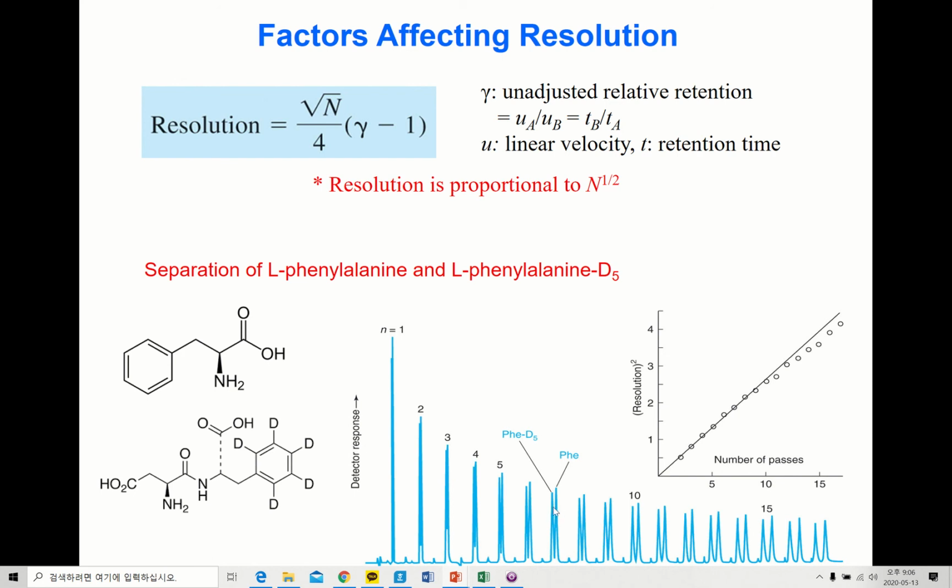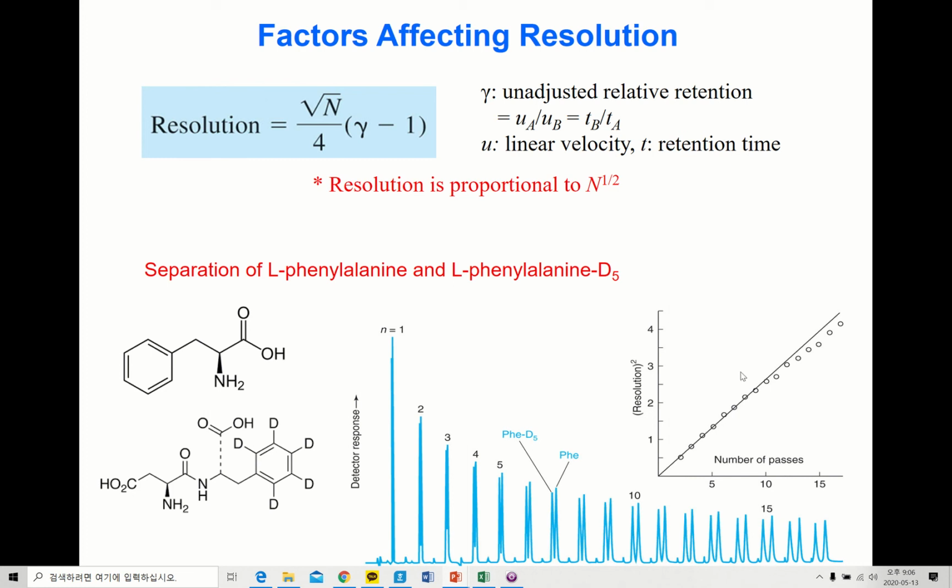The small peak is the deuterated phenylalanine, and this one is the phenylalanine. You run several times, maybe 10 times. After 10 runs, you begin to have better separation, and after 15 times, you have a better separation.